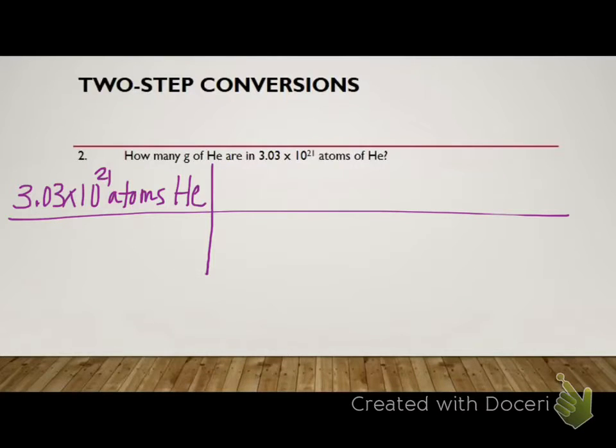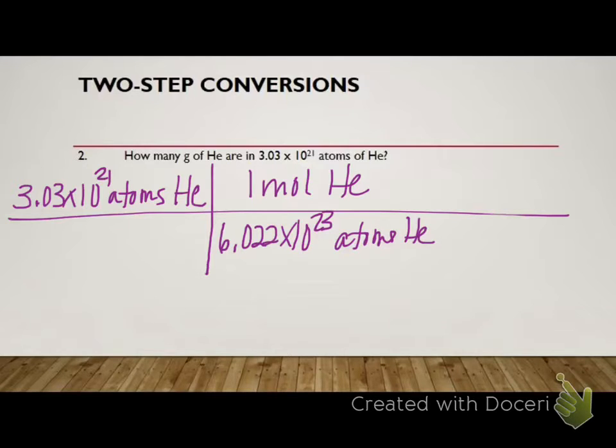All right, we want to get rid of atoms, so we have to use Avogadro's number. To the 23rd atoms of helium to 1 mole of helium. Okay, got rid of atoms.